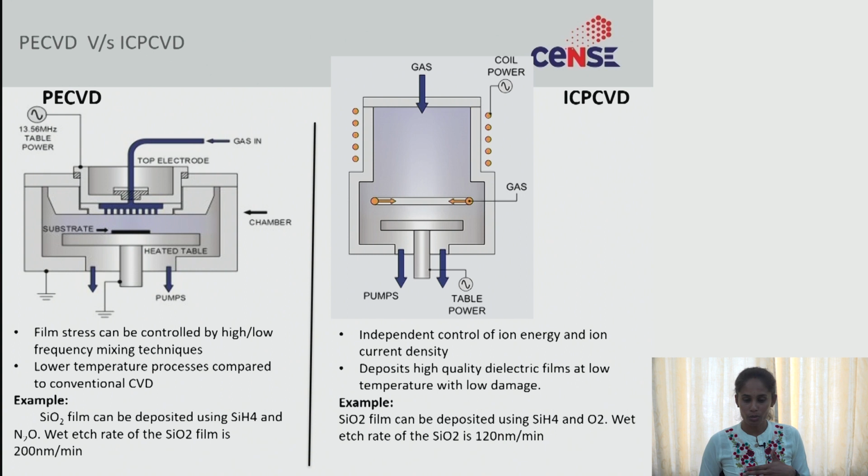And the SiO2 film deposited in ICP-CVD using silane and O2, because of the high density plasma, the densification of the film is good and the quality of the film is good, so wet etch rates of 120 nanometers per minute can be achieved. These are the major differences between PECVD and ICP-CVD. The quality of the film may differ from PECVD to ICP-CVD. Okay, thank you.